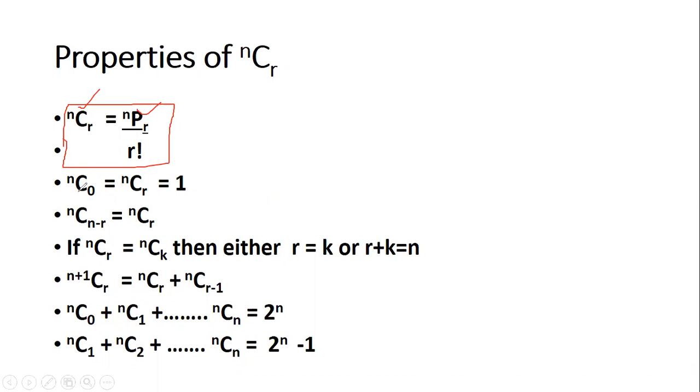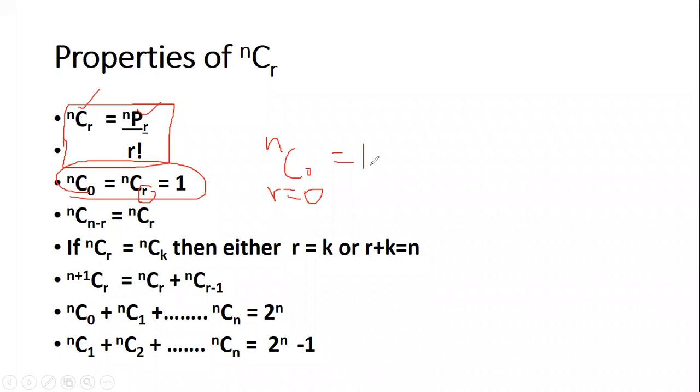Then nC0 is equal to 1. So if r is equal to 0, then nCr is equal to 1. You just have to take it as 1. So nC0 is equal to 1 is what they are trying to say here.